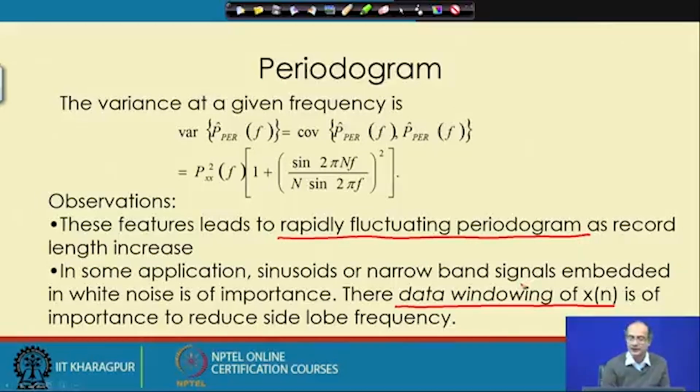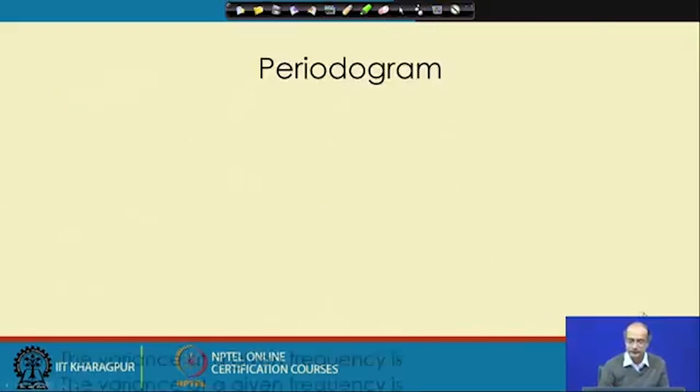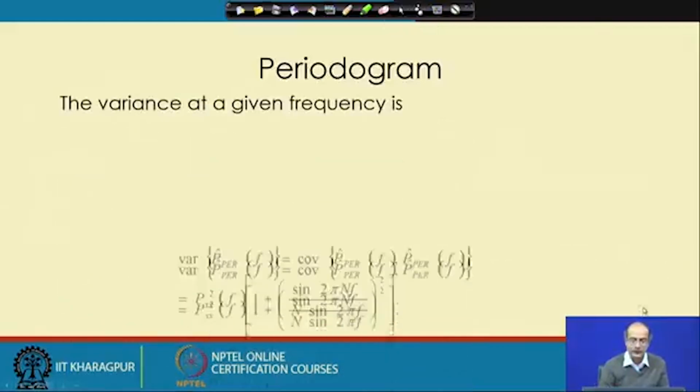Earlier we were trying to get rid of that, wanting to go for the ideal case by increasing the data. Yes, by increasing the data we have more information, but because of these fluctuations we need to go for some windowing to reduce the side lobe frequencies, so that those peaks do not get merged.